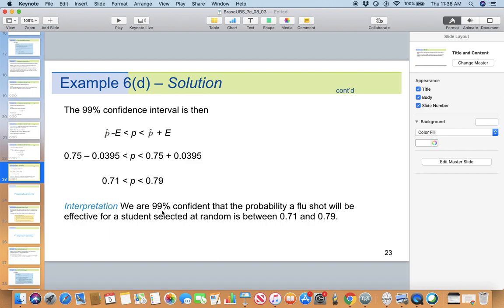We are 99% confident that the probability a flu shot will be effective for a student selected at random is between 0.71 and 0.79.